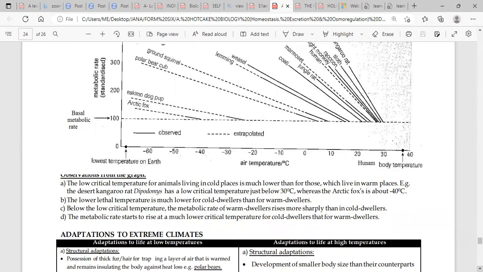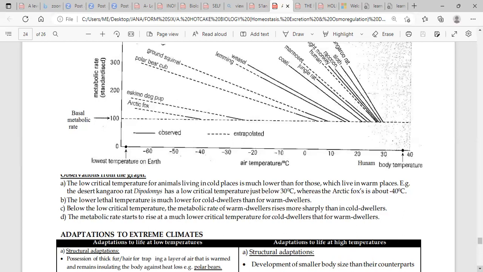When you look at the graph, e.g., the desert kangaroo rat has a lower critical temperature just below 30 degrees Celsius, whereas the Arctic fox is about negative 40 degrees Celsius. So a desert rat, which lives in the desert, its lower critical temperature is high, 30 degrees Celsius.